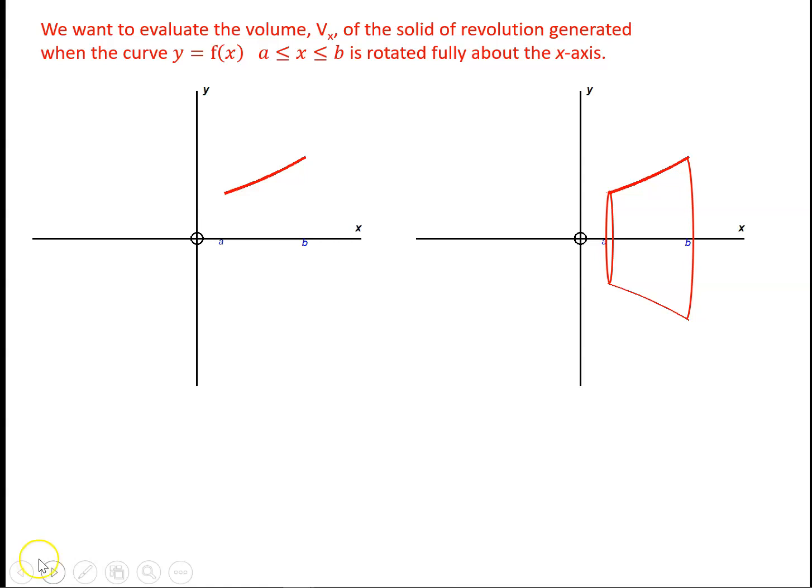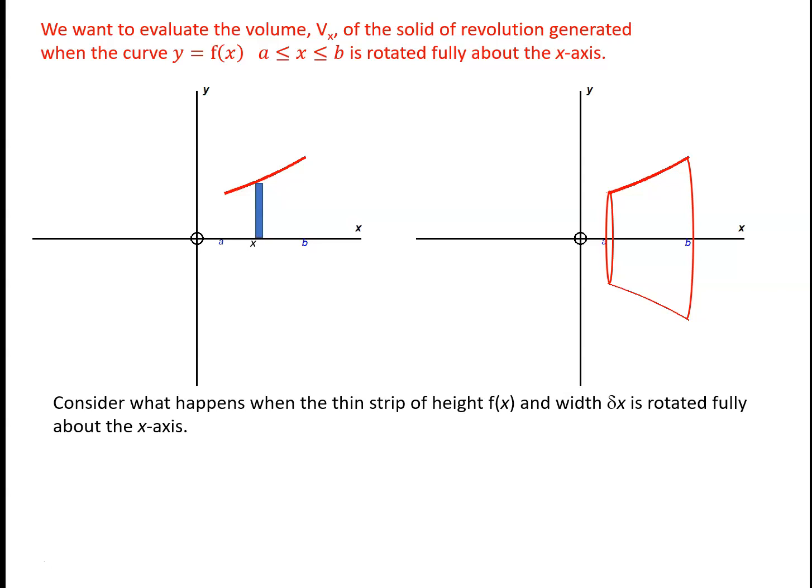Now what we need to do at this stage is consider a small strip underneath the original curve. This small strip is going to start at x and have a width of delta x, and it's going to have a height of f of x.